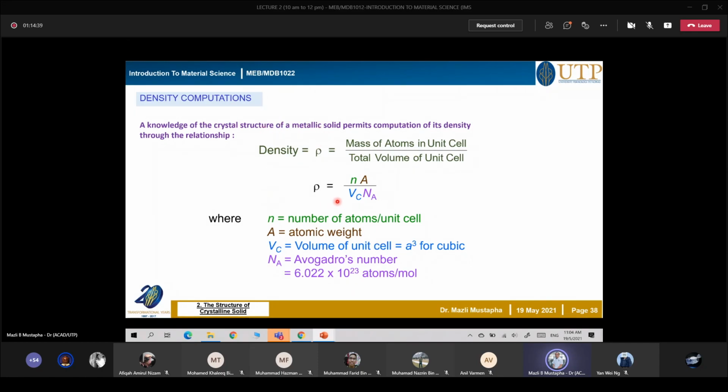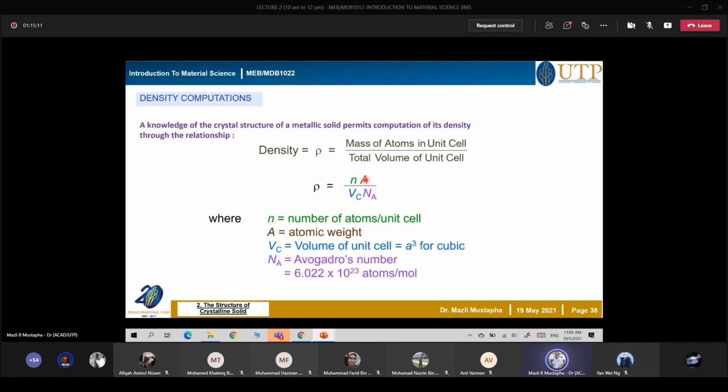So basically, what do we define as density? We learned from Archimedes' principle that density is just mass over volume. But in terms of the crystal structure, how do we calculate the mass of atoms in the unit cell? First we have to know the number of atoms in the unit cell, whether it's body-centered cubic, face-centered cubic, or simple cubic. Simple cubic we get 1, face-centered cubic the number of atoms is 4, body-centered cubic the number of atoms is 2.